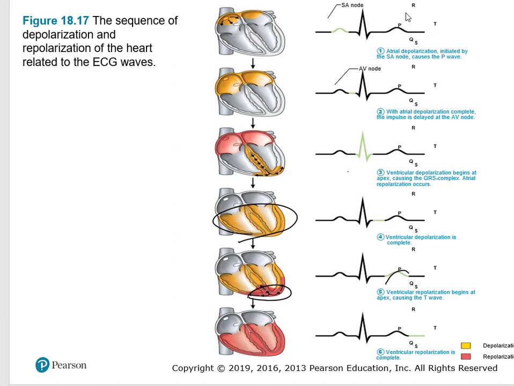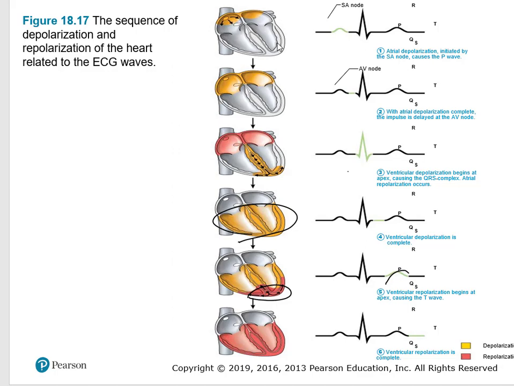So this labeling has been shifted. The P wave should be here, QRS should be here, and the T wave should be where the P is. So just FYI, it might be correct in your PowerPoints. This is exactly what is happening in each of the readings when you look into your ECG readings.